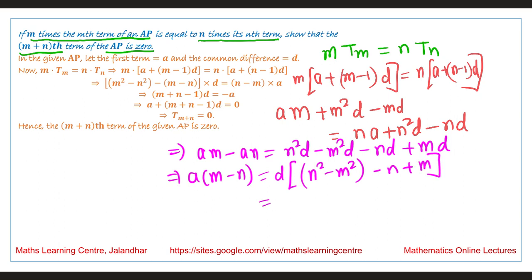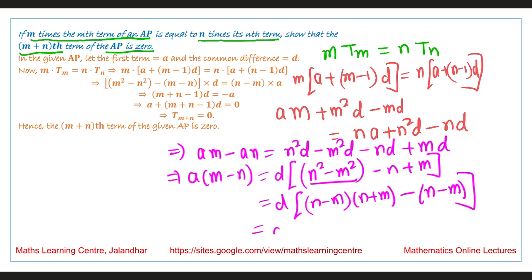This is equal to d into, if we write this in the form (n minus m) into (n plus m), minus of (n minus m). What we obtain is d into (n minus m) into (n plus m minus 1).